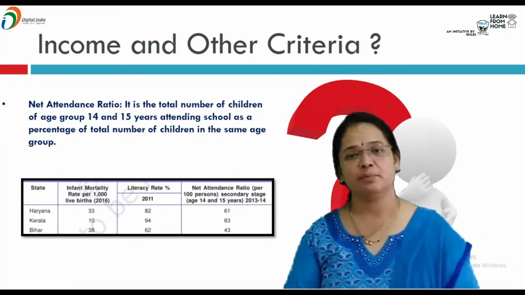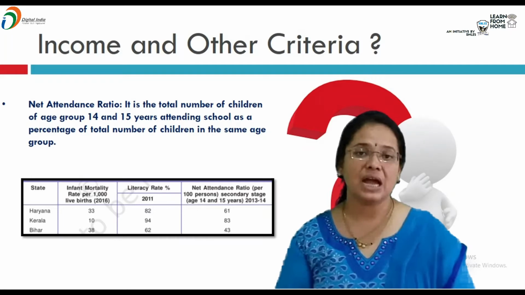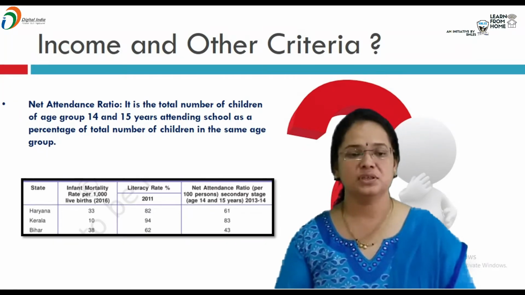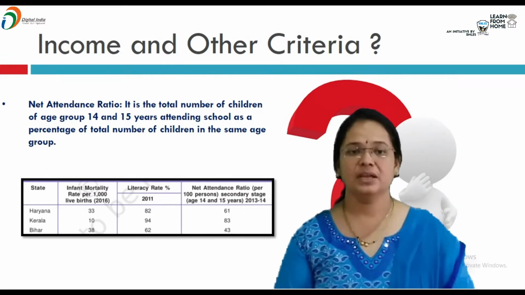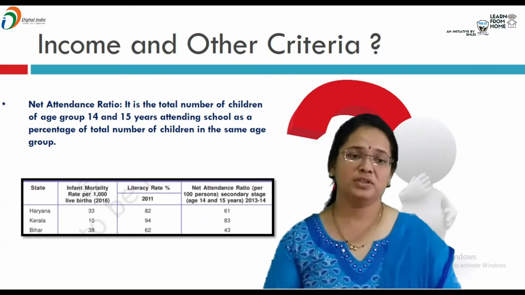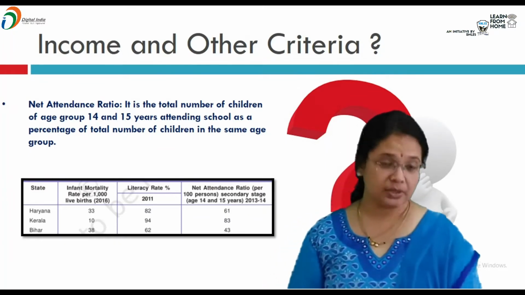Infant mortality rate means the number of children who die before completing 1 year among 1000 live children in that particular year. Understand? Please remember this second term, what is meant by infant mortality rate.